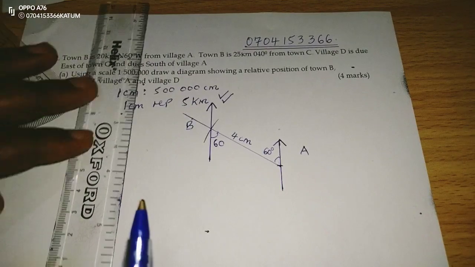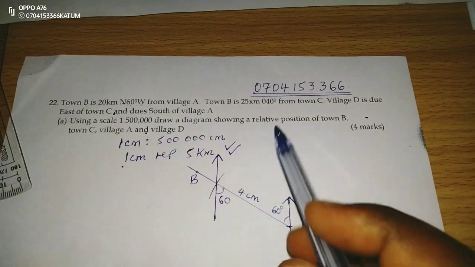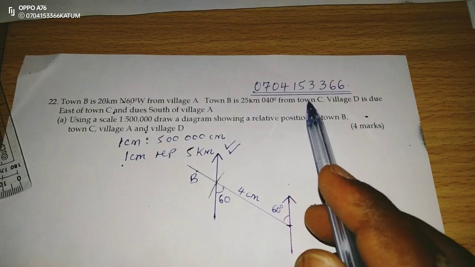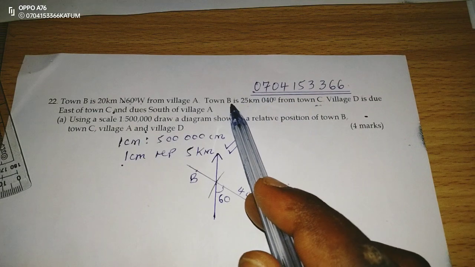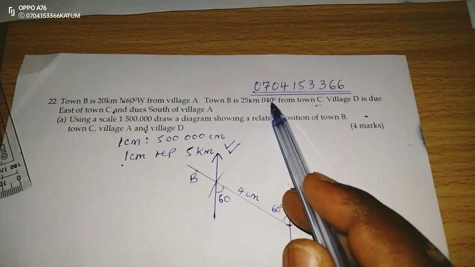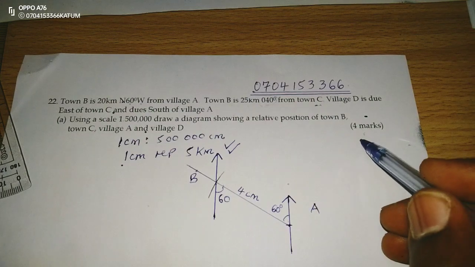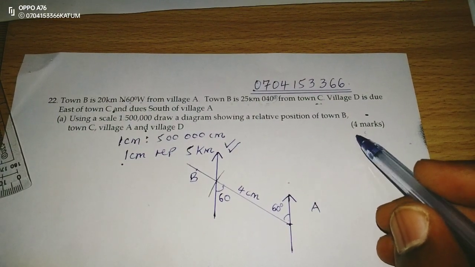I go for more instructions on the question, whereby we are told town B is 25 kilometers, 040 from town C. So there is another town C, such that for us to locate town B, we will need to move through 040 degrees. Let me interpret this information slowly, because that is not a usual statement.